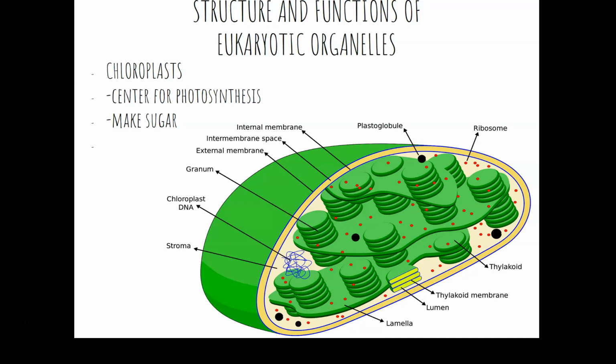The cell takes in photons that come in from the sun, and on the membranes inside the chloroplasts, which are called thylakoid membranes, there are special proteins in those membranes, and those proteins capture the energy from photons and use that to create a hydrogen ion gradient, and that hydrogen ion gradient is used to drive the synthesis of ATP, which is the molecule for energy that's used in plants and animals.